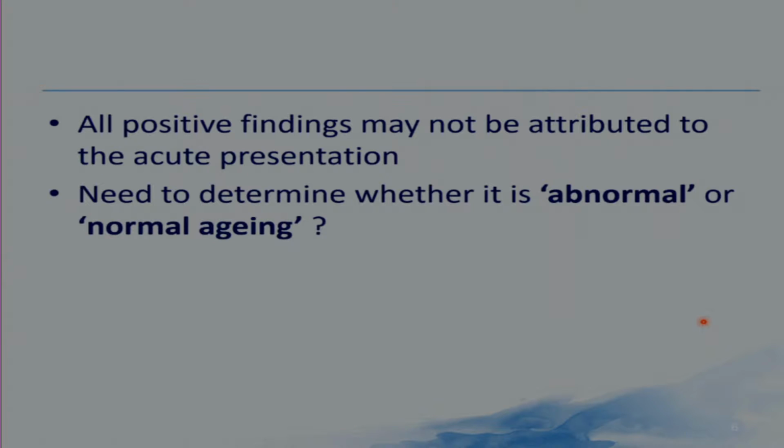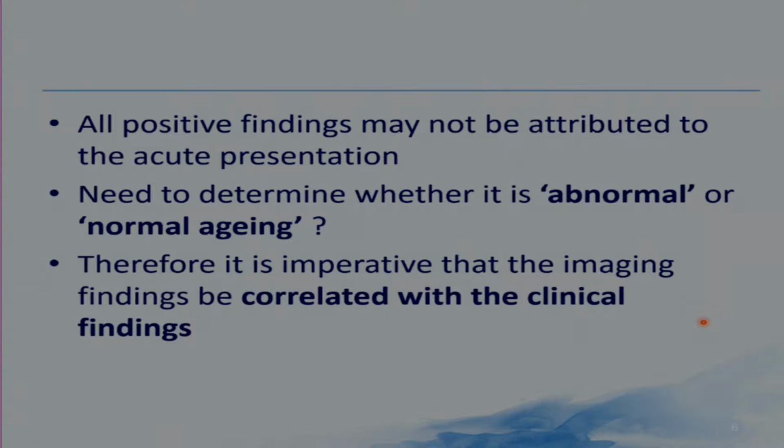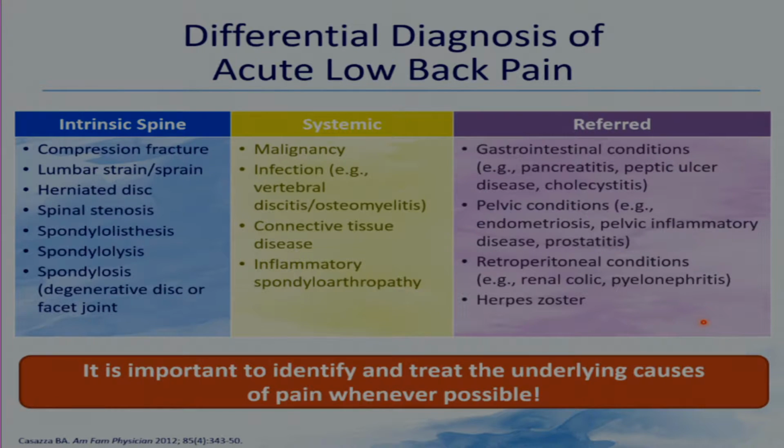So we need to determine whether it is actually abnormal or just normal aging. Therefore, it is imperative that the imaging findings be correlated with the clinical findings. The differential diagnosis of acute low back pain could be intrinsic to the spine, systemic, or referred. I'll be mostly concentrating on this group.